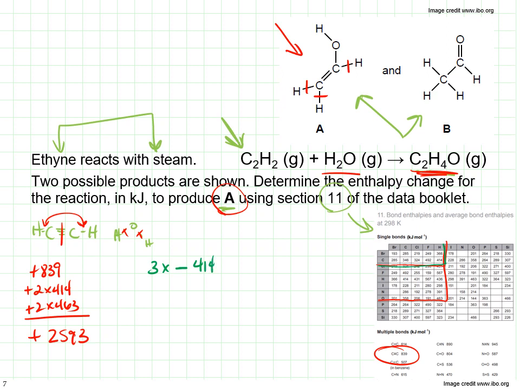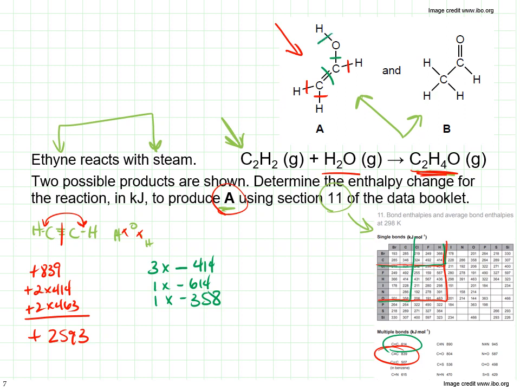We're also going to form that carbon double bond. That is 1 times a negative 614. I also have this carbon-oxygen single bond. That's going to be 358. That's very small. It's hard for me to see with my old lady eyes.